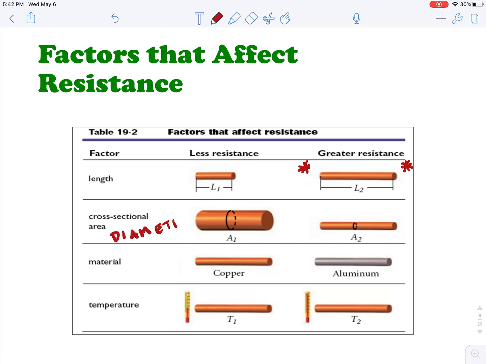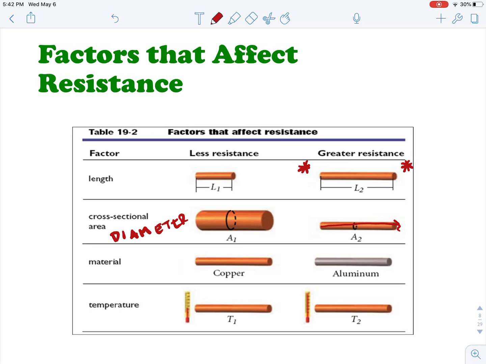So basically, the wider a wire, the easier it is for current to flow, which should make sense. If you have a big wide straw, it's easier to drink your drink. If you have a big wide hallway, it's easier for people to pass through. The skinnier a wire is, the skinnier anything that provides a path is, the harder it will be for things to flow. Material and temperature also play a factor in this.